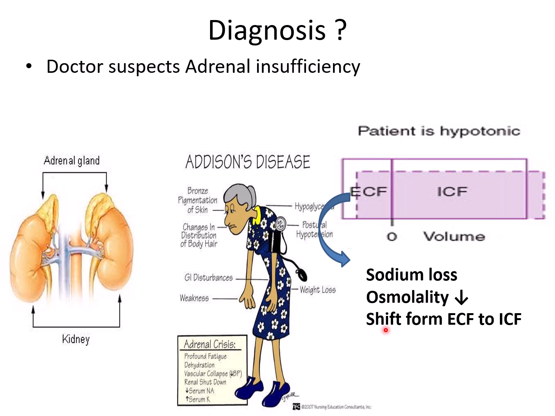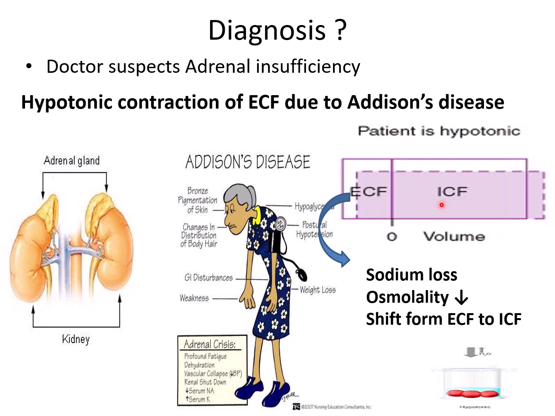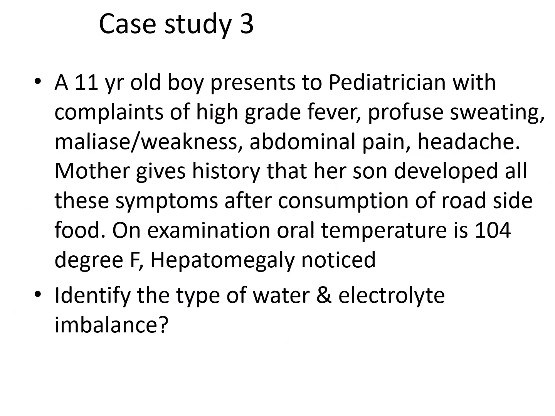Because the osmolality decreases, there is a shift of water from the extracellular compartment to the intracellular compartment, resulting in hypotonic contraction of extracellular fluid due to Addison's disease.